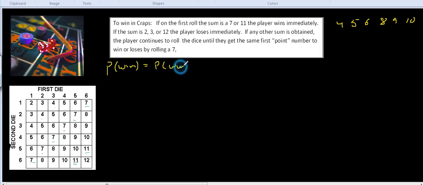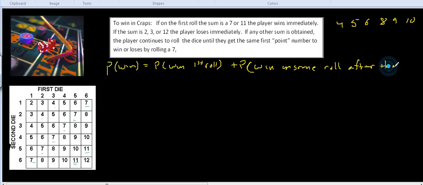So you win on the first roll, plus the probability of you win in some roll after the first. Kind of an informal way of looking at how to set the probability.